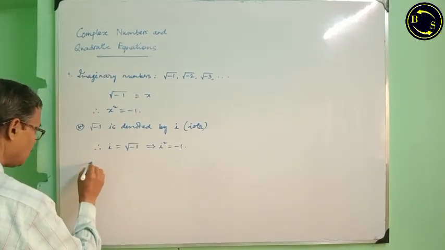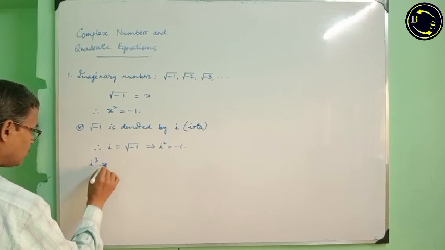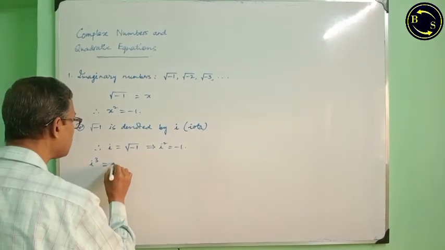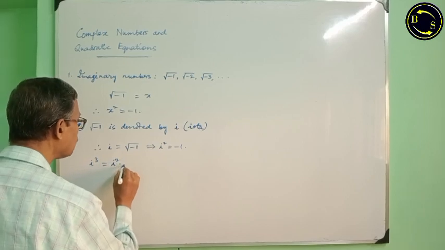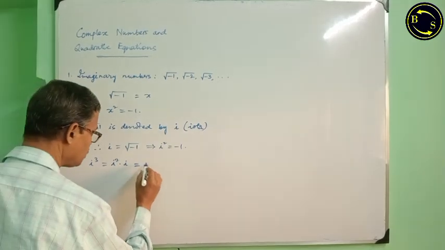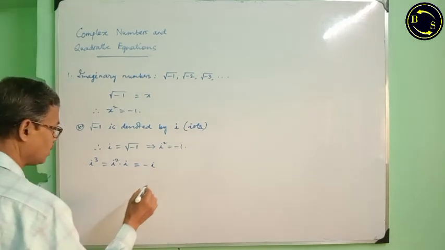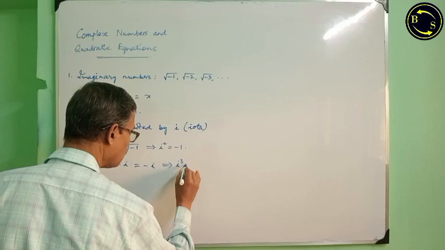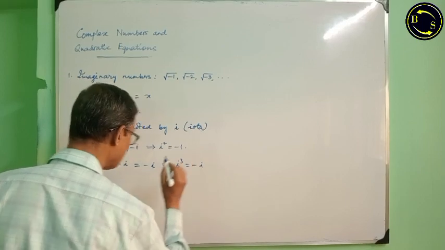Now, if we raise different powers of i, i cube can be written as i square into i, and i square is minus 1, therefore this is minus i. Thus we get i cube equal to minus i.